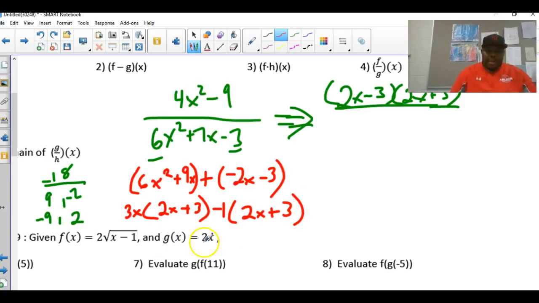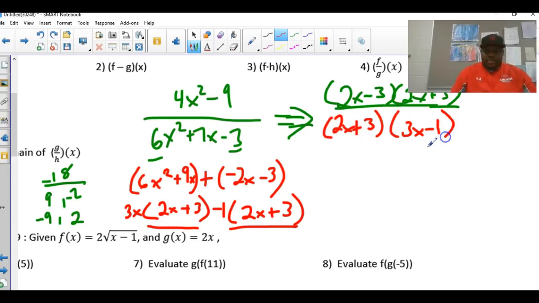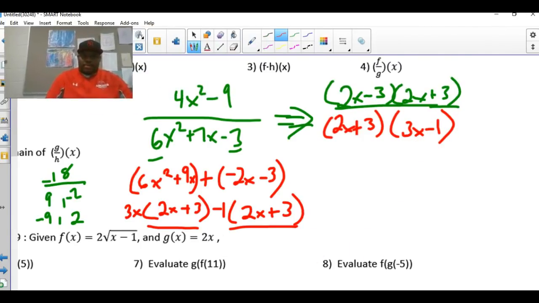And that's my factors, guys. 2x plus 3. If I factor that out, I'll have 2x plus 3, and I'll have 3x minus 1. So there are my factors for the bottom g.